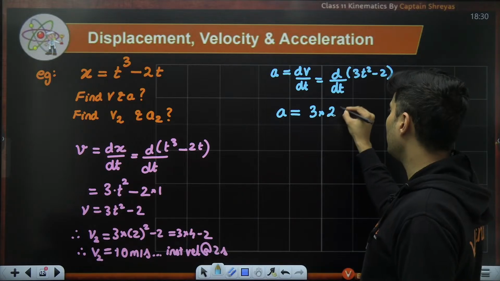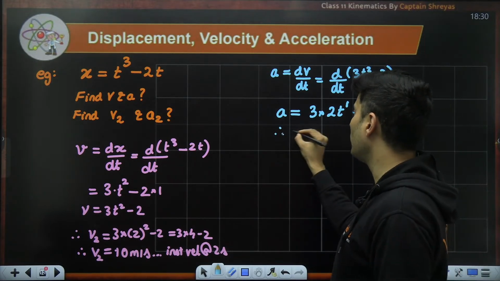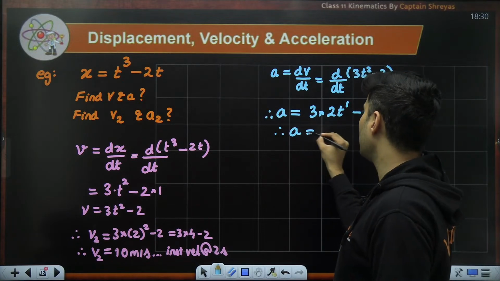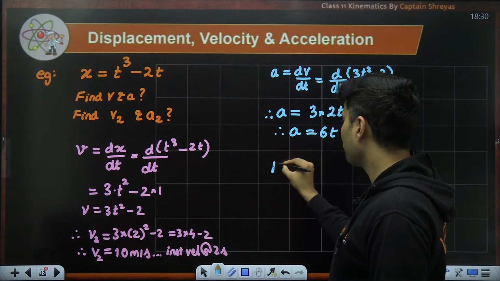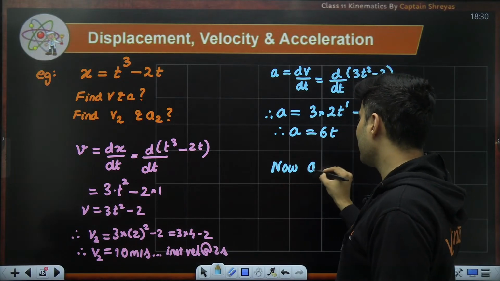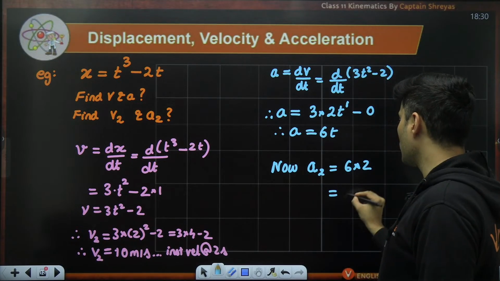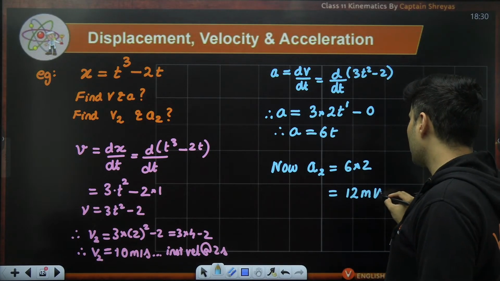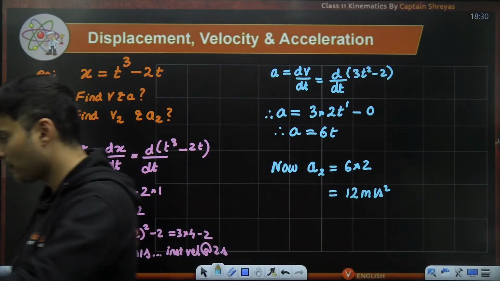T square's derivative is 2t raised to 1, and minus 2 being a constant, its derivative is 0. So acceleration is 6t in general. Now we need to figure out the acceleration at 2 seconds. 6 multiplied by 2, 6 2s are 12. So 12 meters per second square is the answer at 2 seconds.